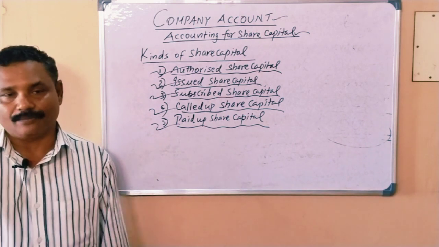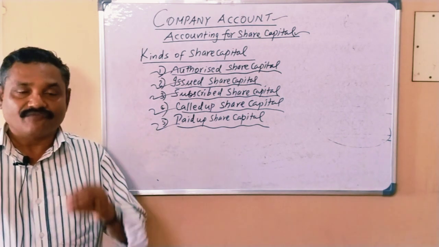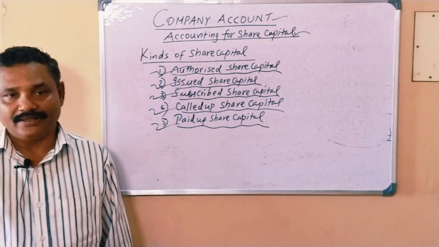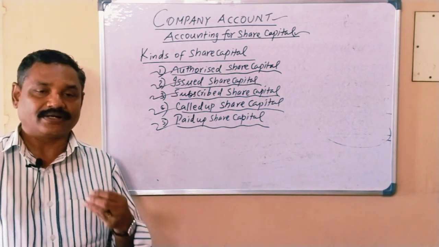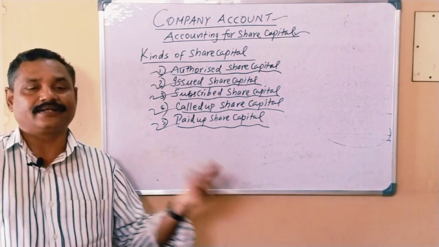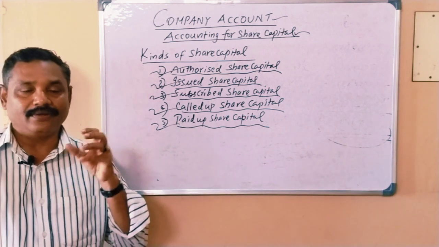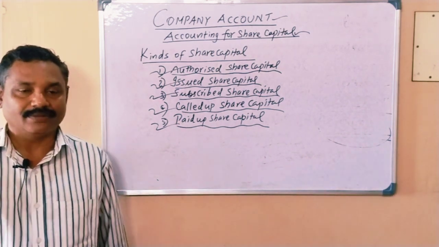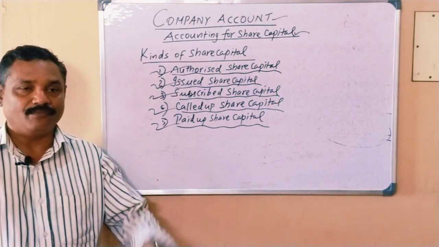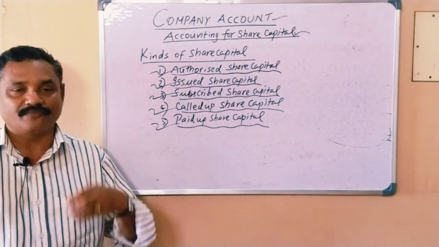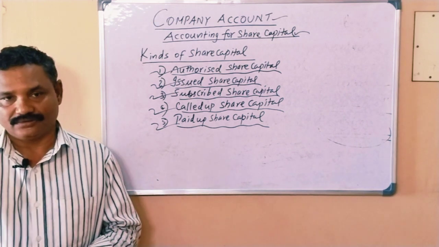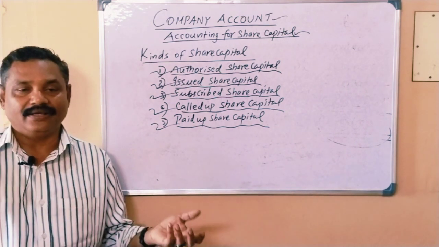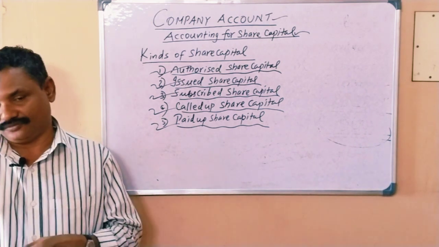That is the aim of the company. In order to fulfill this aim, a company can collect money. A company has two modes of collecting money from the public: one is issuing or selling shares, and the other is issuing debentures.